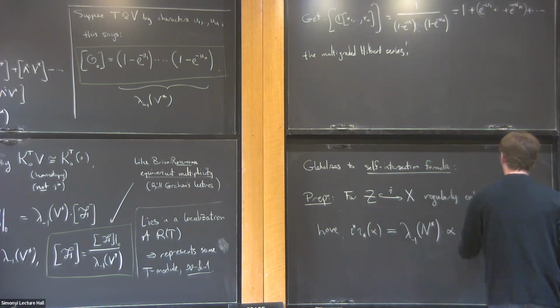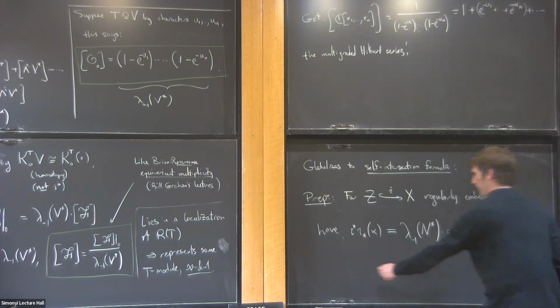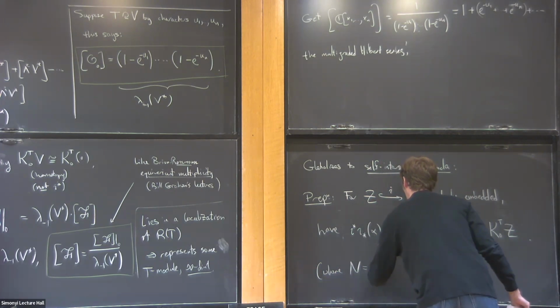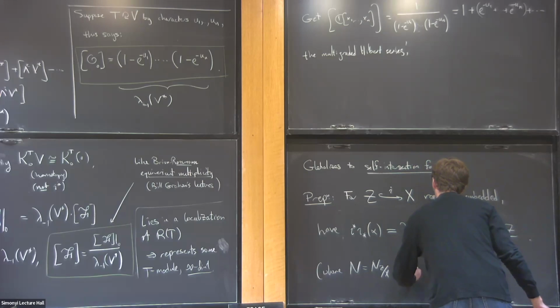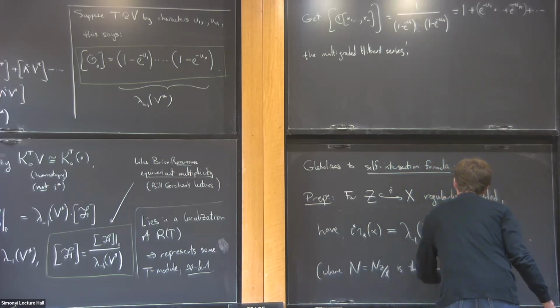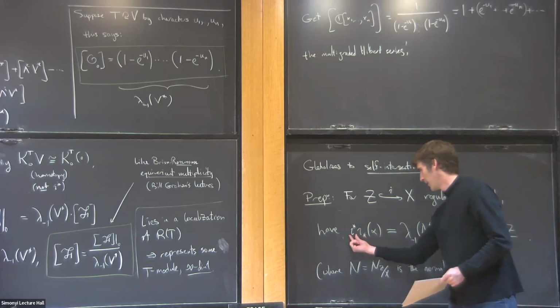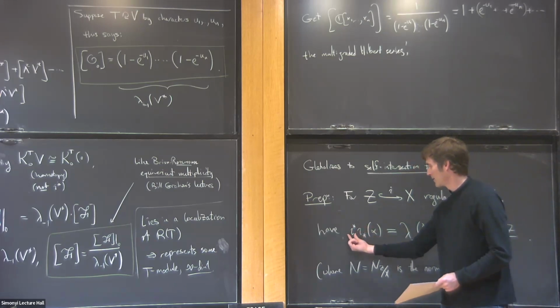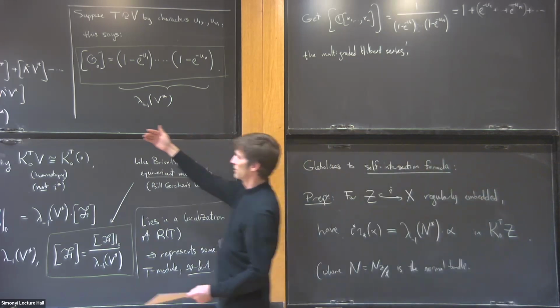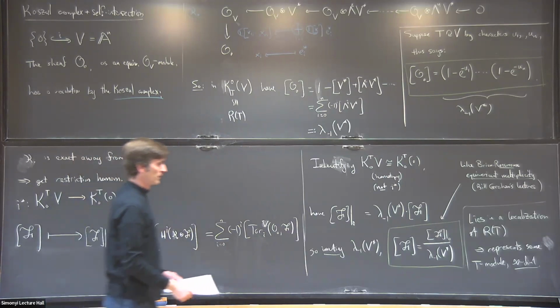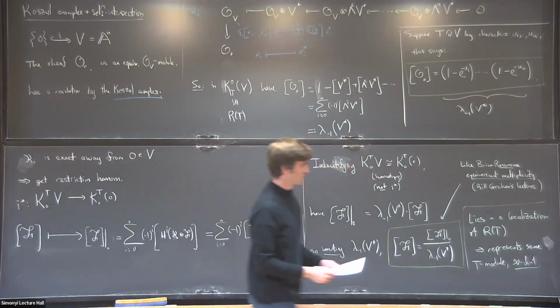And this is in the equivariant K-theory of Z. I didn't exactly tell you how this pullback is constructed. The pullback is constructed either like this, if you like. So that's the self-intersection.